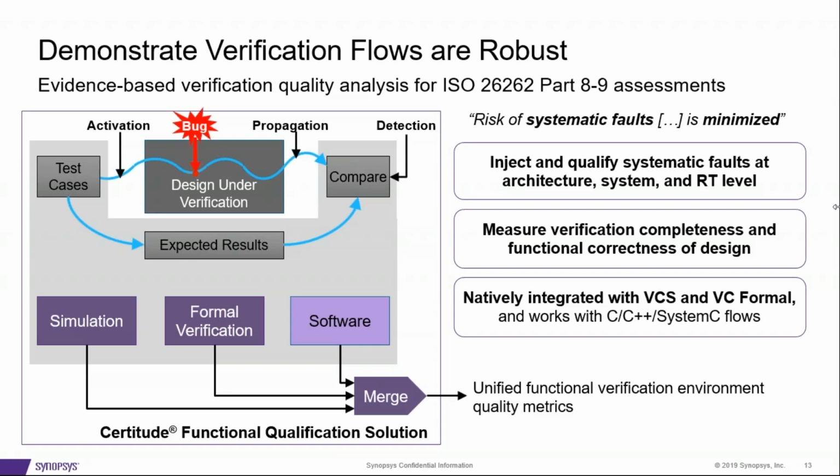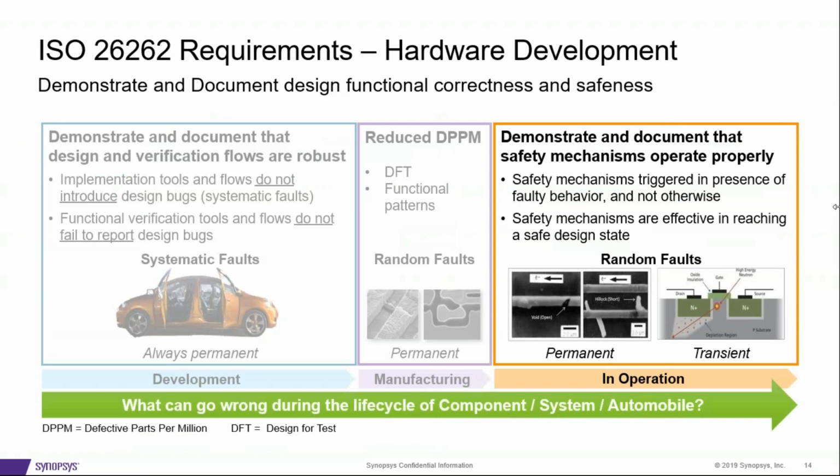Okay, so we have a methodology and we have a product that can help us demonstrate that our verification environment is robust. Let's now talk about how we demonstrate that our safety mechanism can actually deliver the job of catching faults as they occur while the design is in operation.